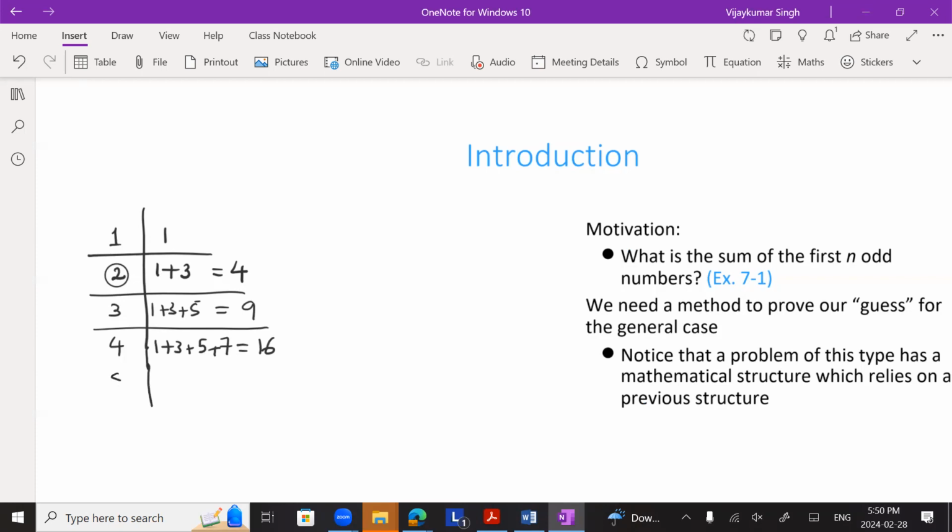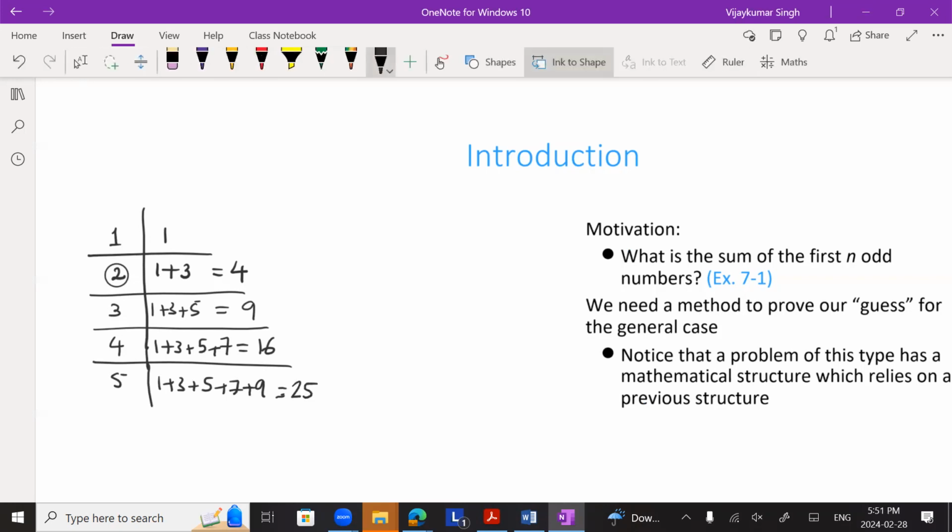If not, let's go for another one. 5: 1 plus 3 plus 5 plus 7 plus 9. So it is 16 plus 9, which is 25. So it seems that this is 1 squared, this is 2 squared, this is 3 squared, this is 4 squared.